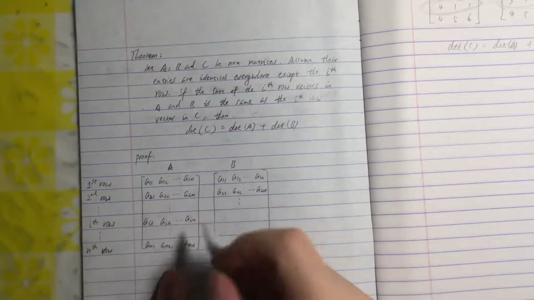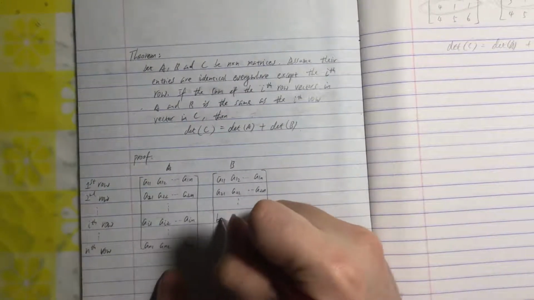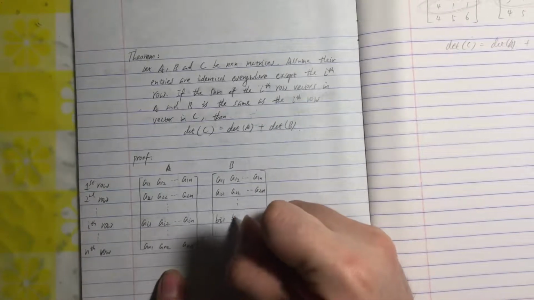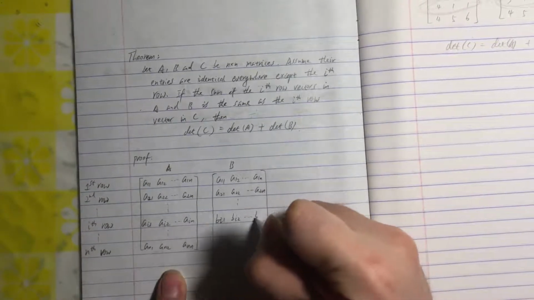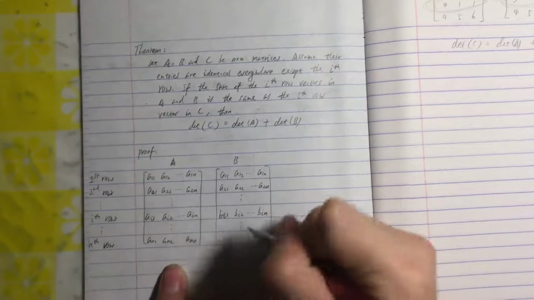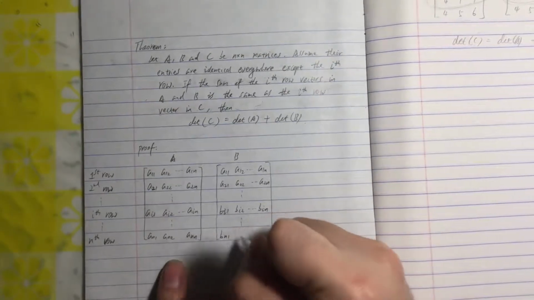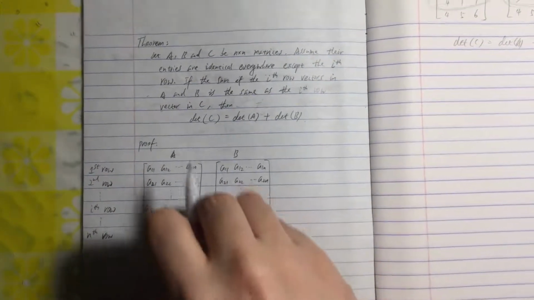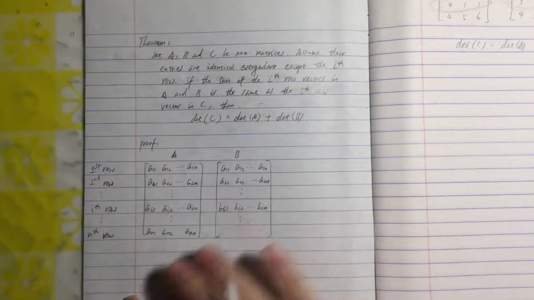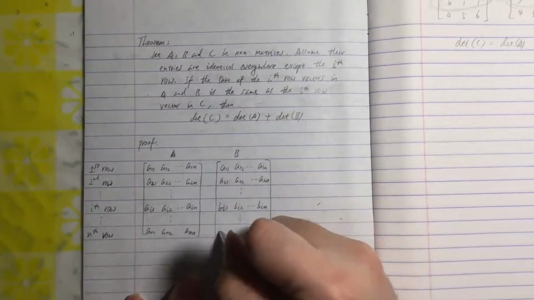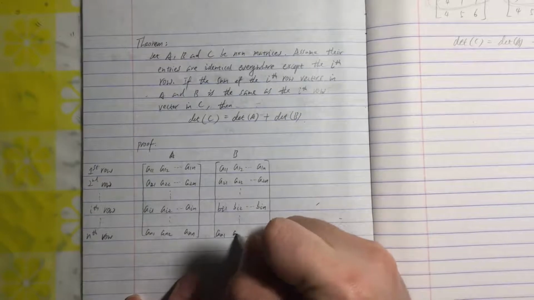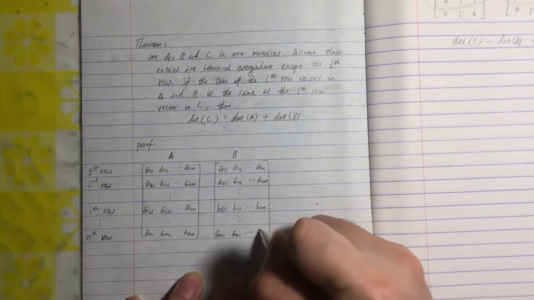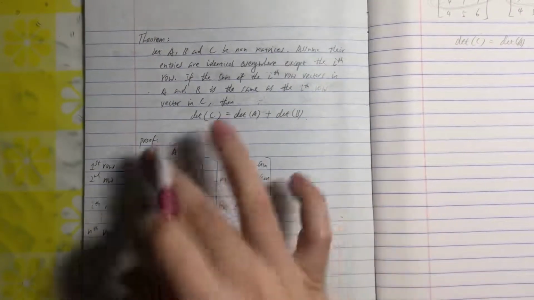Assume the ith row here is BI1, BI2, BIN, and the nth row is AN1, AN2, ANN. Matrices A and B are identical everywhere except the ith row.